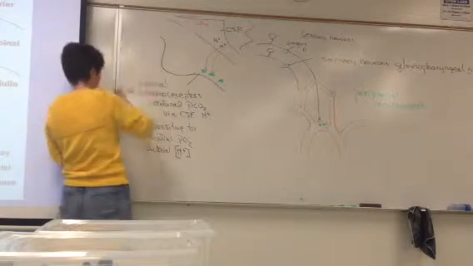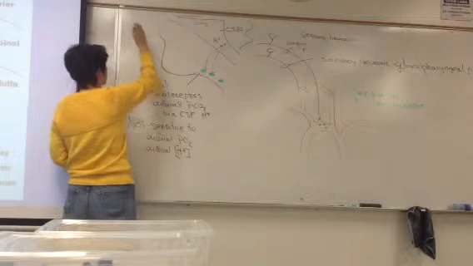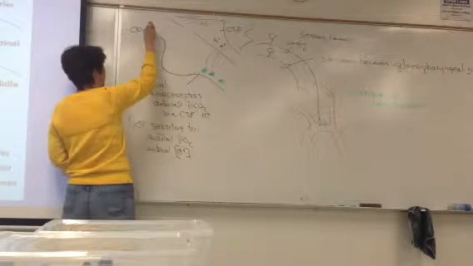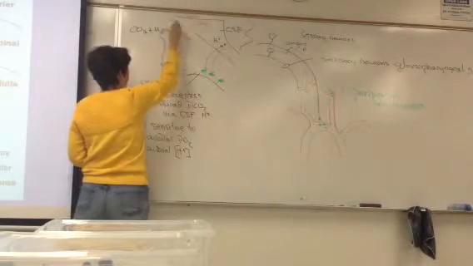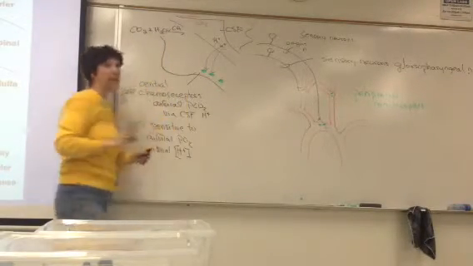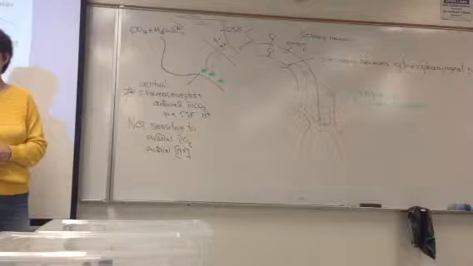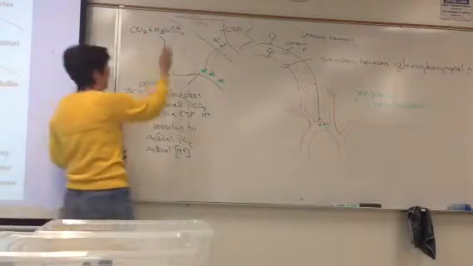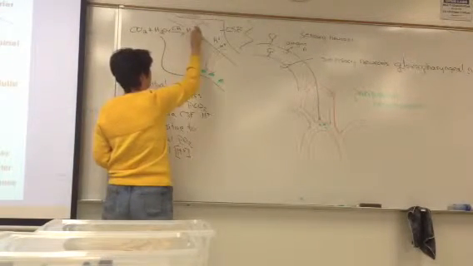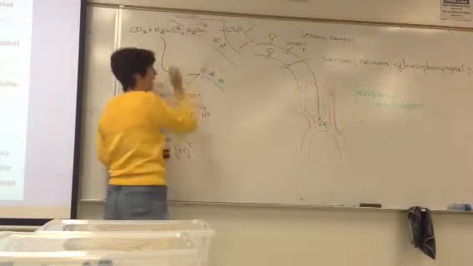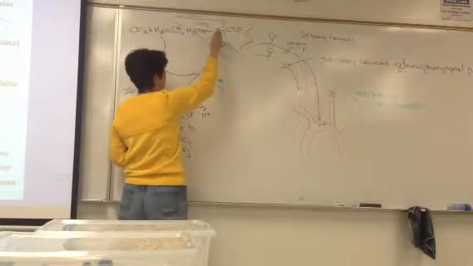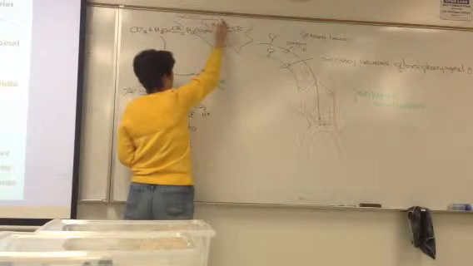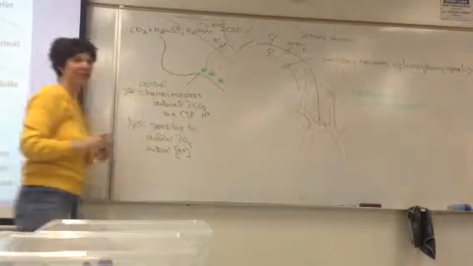And so we have that same formula, carbon dioxide plus water, and we have carbonic anhydrase. CA stands for carbonic anhydrase. That makes carbonic acid, and that dissociates to form hydrogen ions and bicarbonate ions.